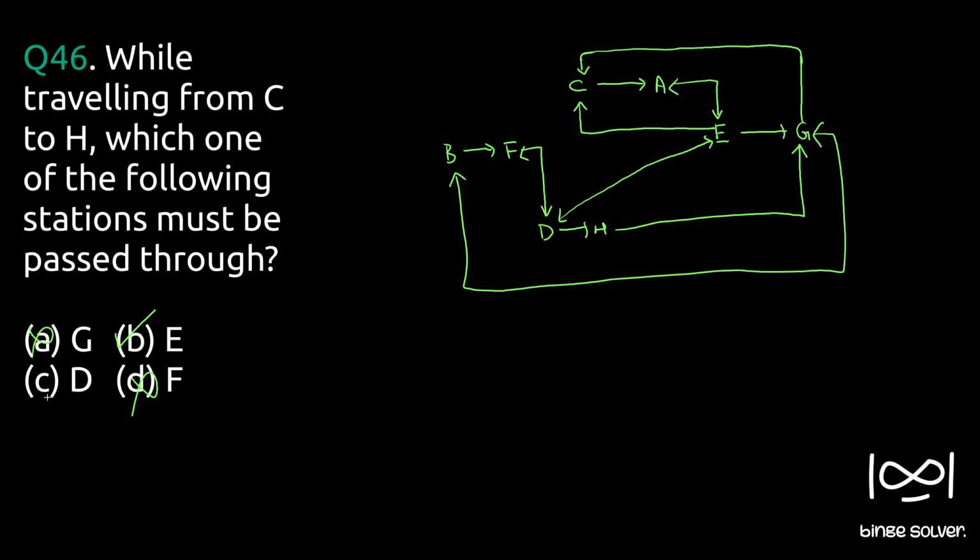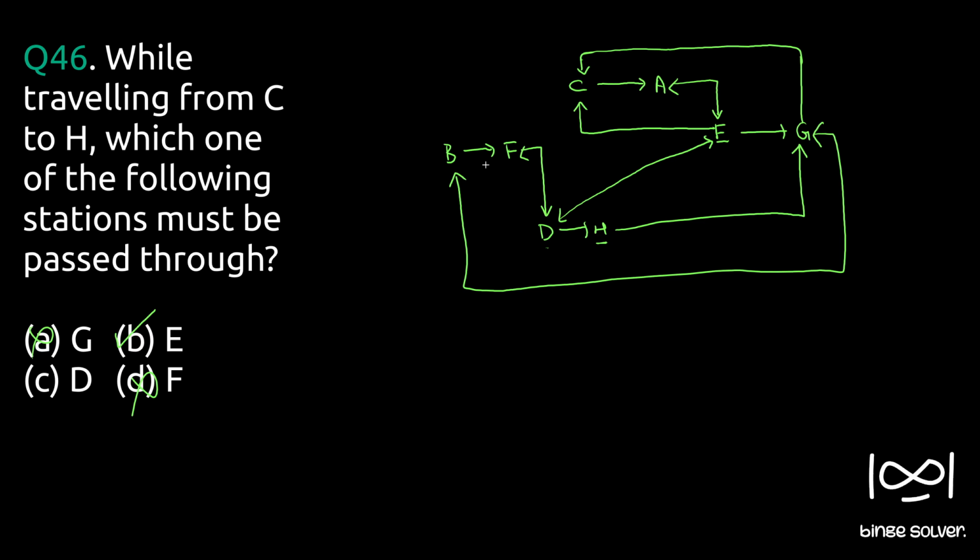But there is a problem in option C. If you look at the different paths, we have to pass through H. The only station from which H can be reached is station D. So no matter what different path you choose, say from E to G, then G to... earlier I made a mistake. From G I said we can only go to C. That is not the case. We can go to B also. So G to B, and B to F, and F to D, then D to H. We can choose that path.